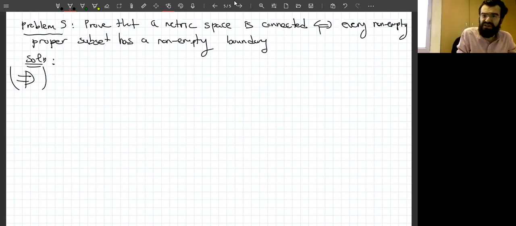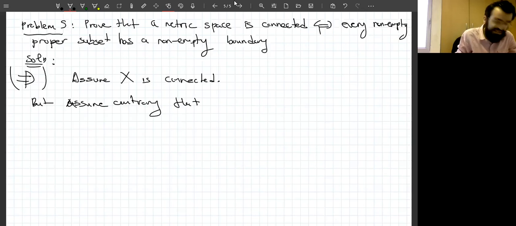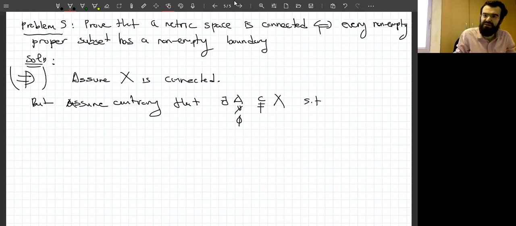Now we assume our metric space is connected. So assume X is connected. But assume to the contrary that there exists A, non-empty, here it implies properness, such that its boundary is empty.